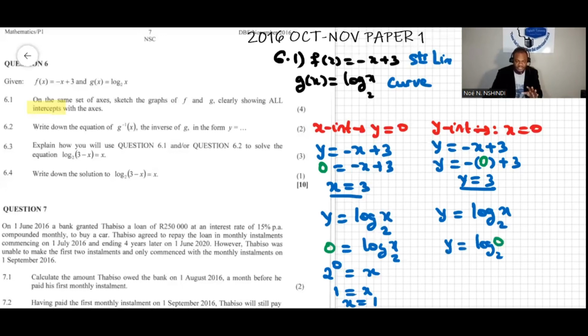The log function doesn't accept 0 as input. 0 can be the output, the y value, but the input x cannot be 0. So we cannot sub in 0, and therefore there is no y-intercept.